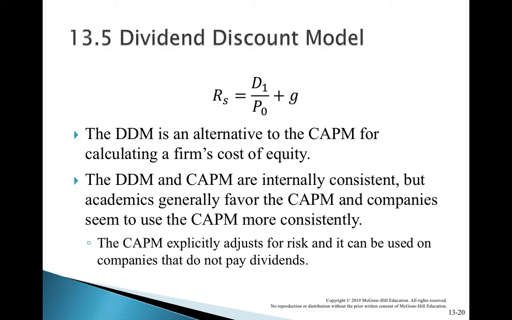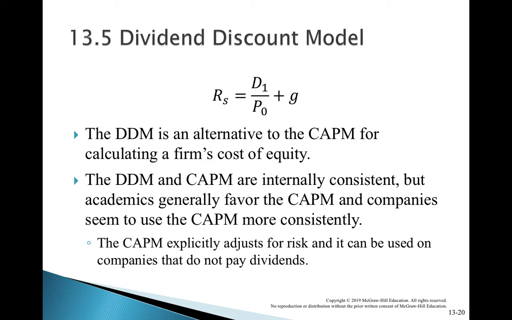The DDM and CAPM are internally consistent, but academics generally prefer the CAPM, and particularly for those companies that are not paying dividends, you cannot use the dividend discount model, isn't it? So for those companies, CAPM is the best applicable method.